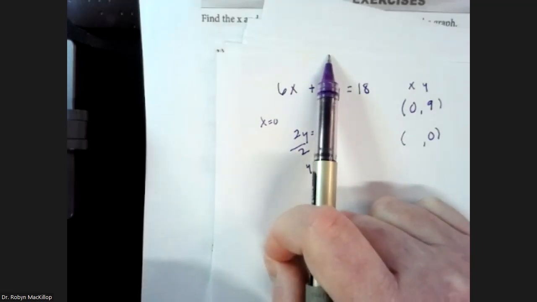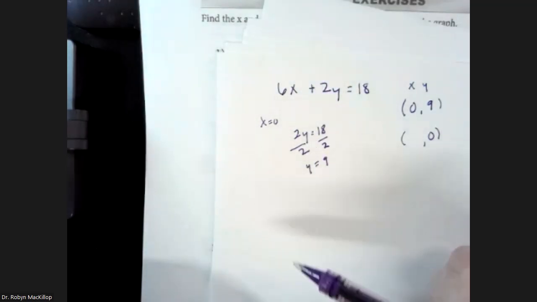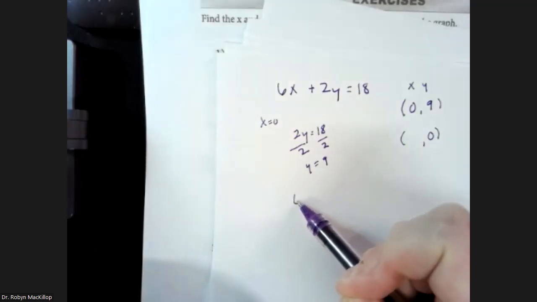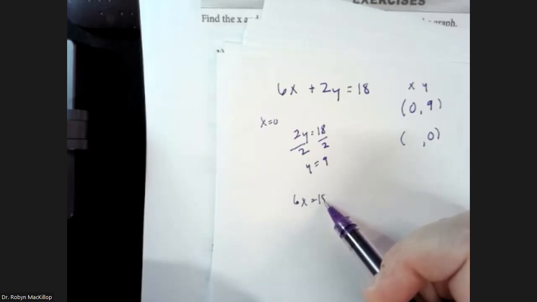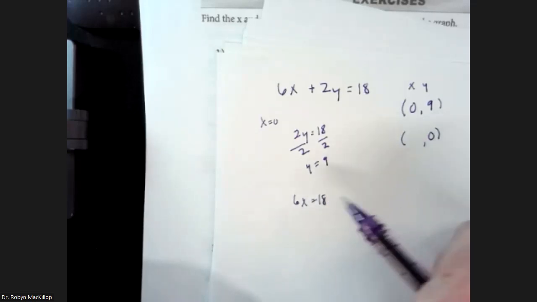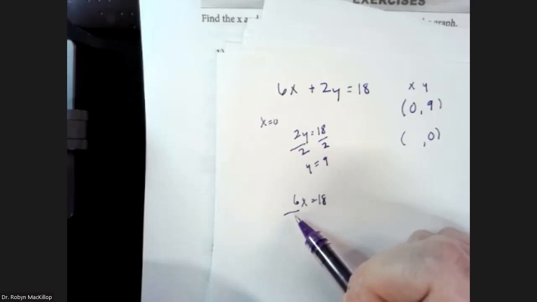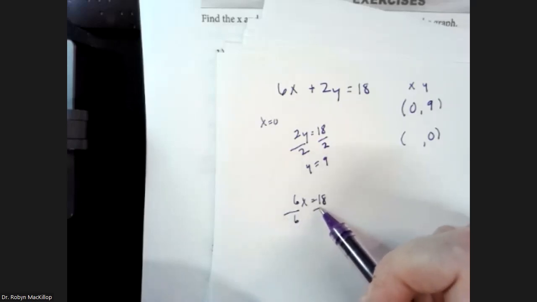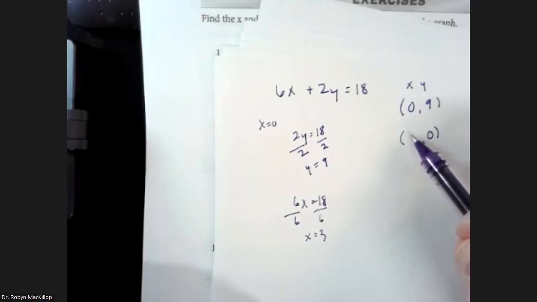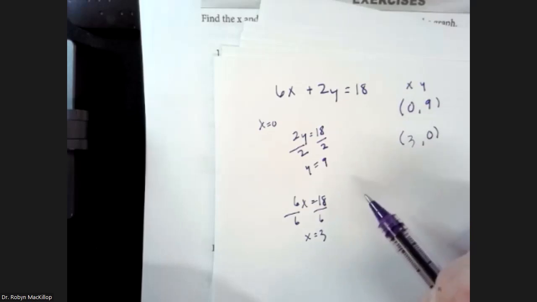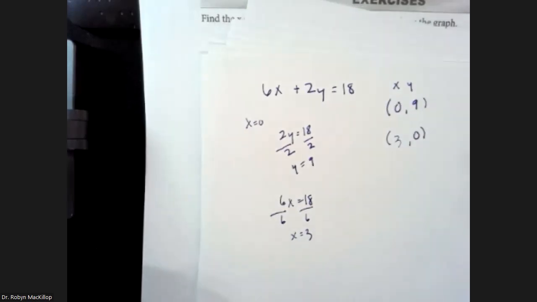Our new equation is 6x equals 18. Again, it looks familiar. We'll divide out the 6 on both sides. And x equals 3. So we put our 3 right here. And we've come up with two ordered pair.